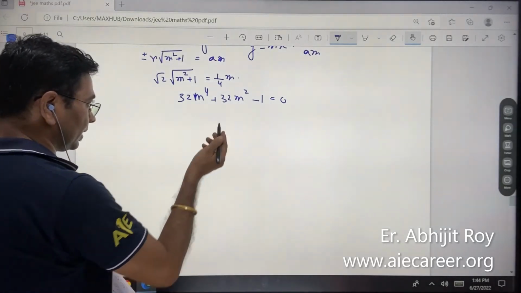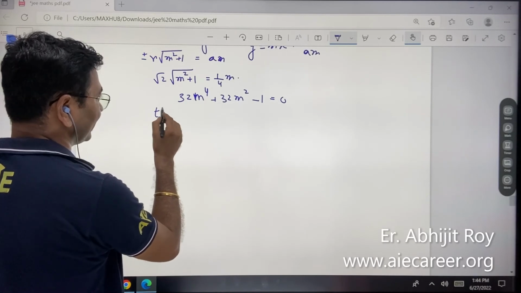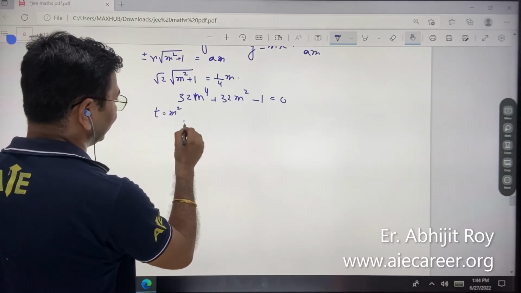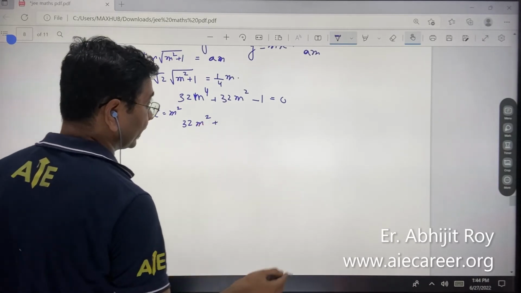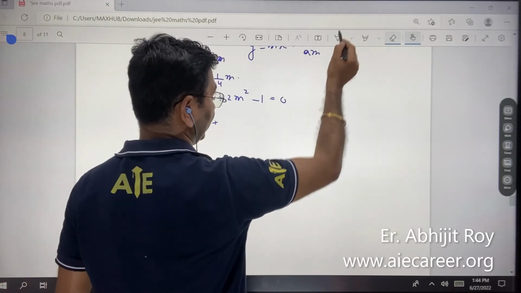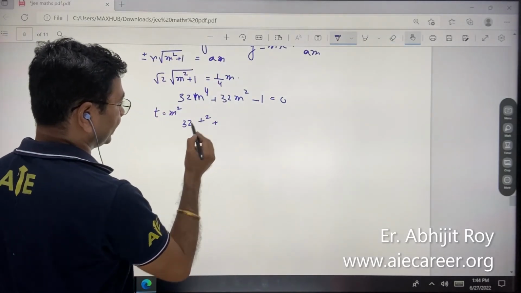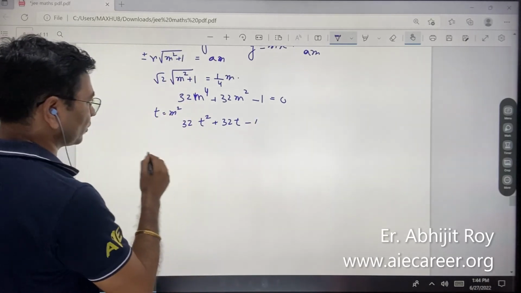We have to substitute, taking a parameter t which is equal to m square. Now the equation is 32t square plus 32t minus 1 equal to 0. So it is a perfect quadratic equation.